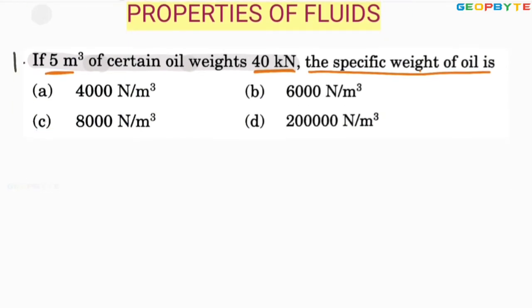First you write the given data. Volume is equal to 5 meter cube, weight equal to 40 kilonewton. Since all options are given in Newton per meter cube, please convert the weight into newtons.